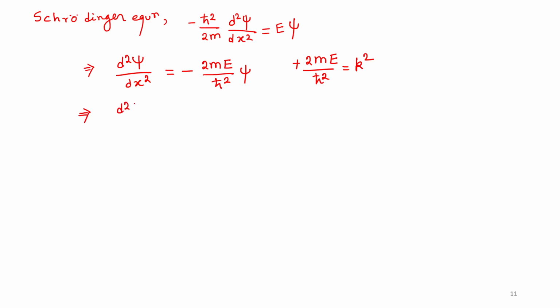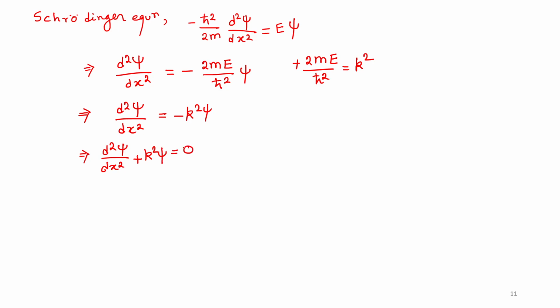So the equation becomes minus k square psi, and if I bring that to this side, d2 psi by dx square plus k square psi equals 0.